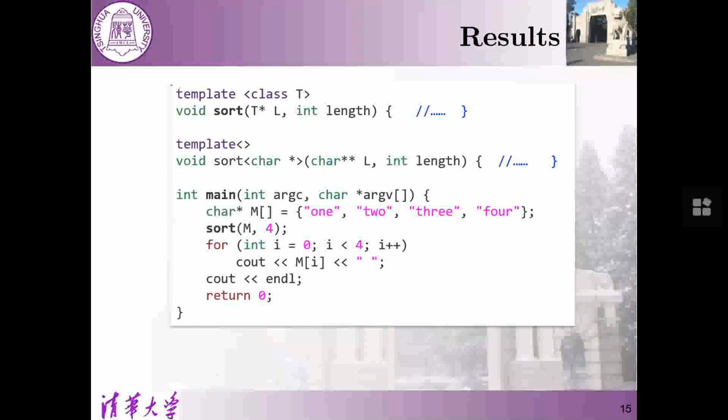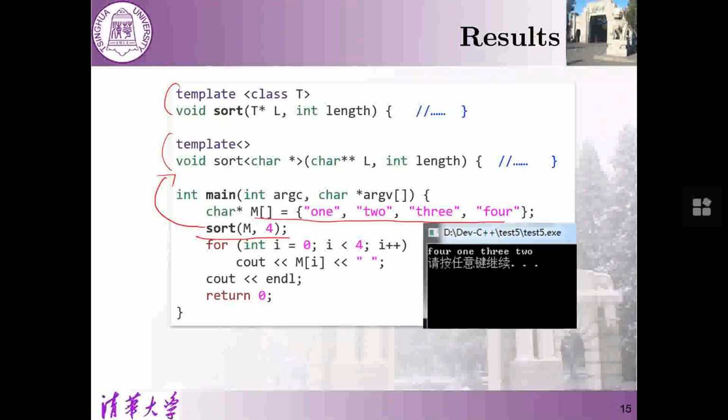If we define this general template and the specialized template, then when we use sort here for character strings, the compiler will smartly determine, okay, we need this template. Then we get the correct results, sorted in alphabet order.